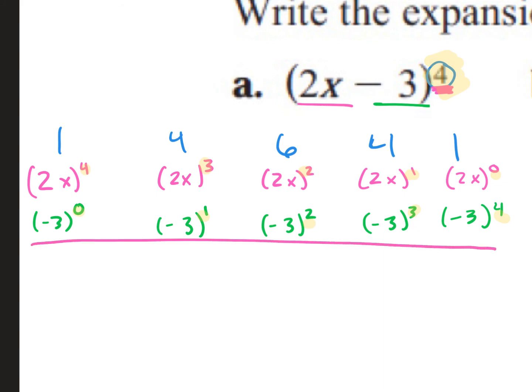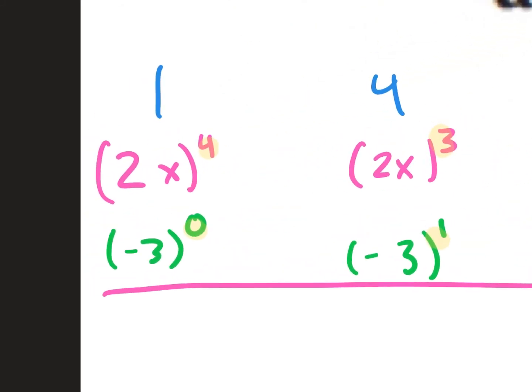All right, so let's multiply our columns now. You have to be careful here because this is 2x to the fourth power. So we have to distribute the exponent of 4 to the 2 and the x. I would say last year that was the most common mistake that anybody made. They did not distribute. So I'm telling you now, don't forget, you have to distribute.